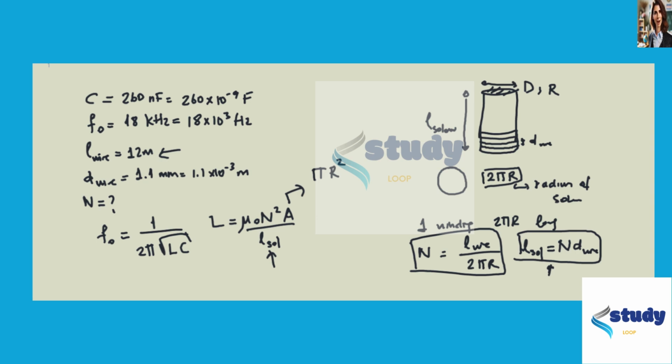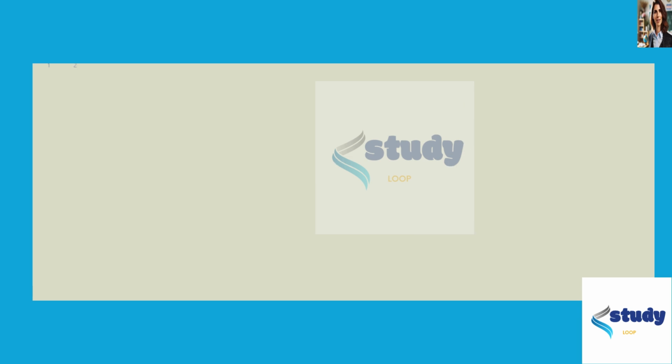But for now, I suggest that we first take the square of both sides of this equation. So F naught squared is equal to 1 over 4 pi squared L times C. Let's get L out of this equation.